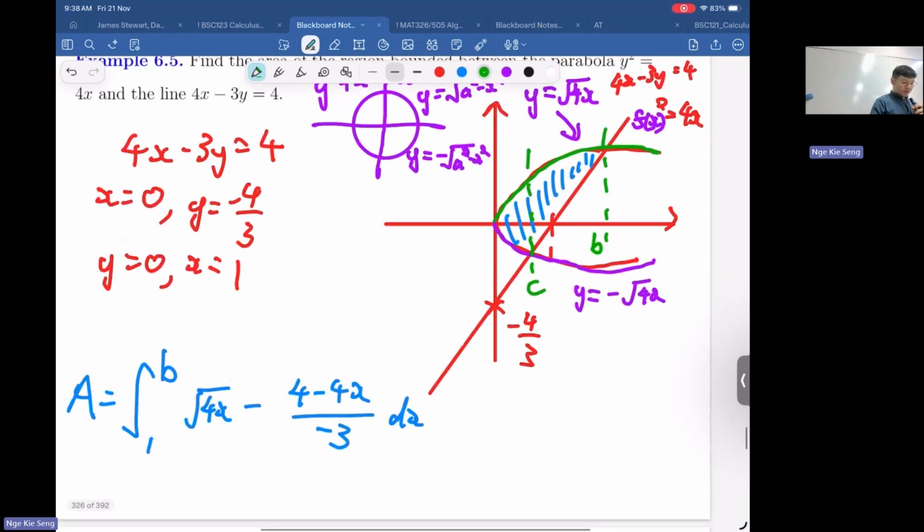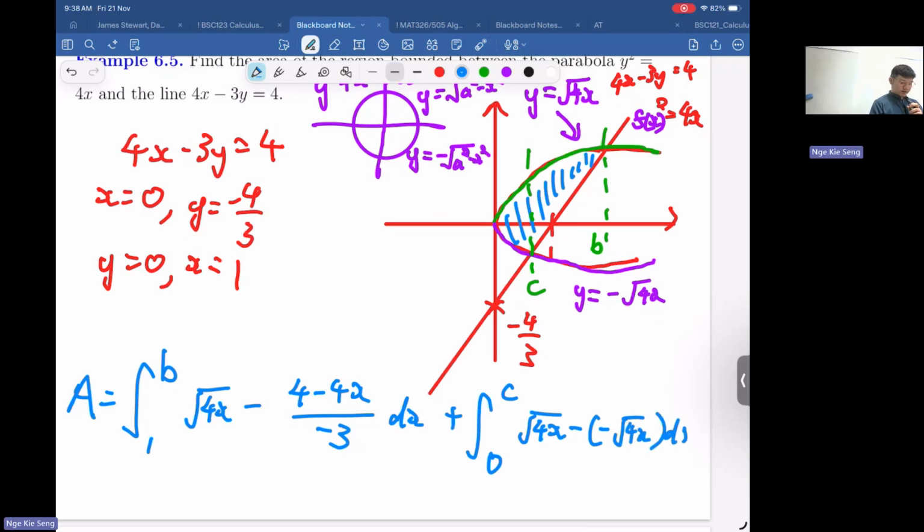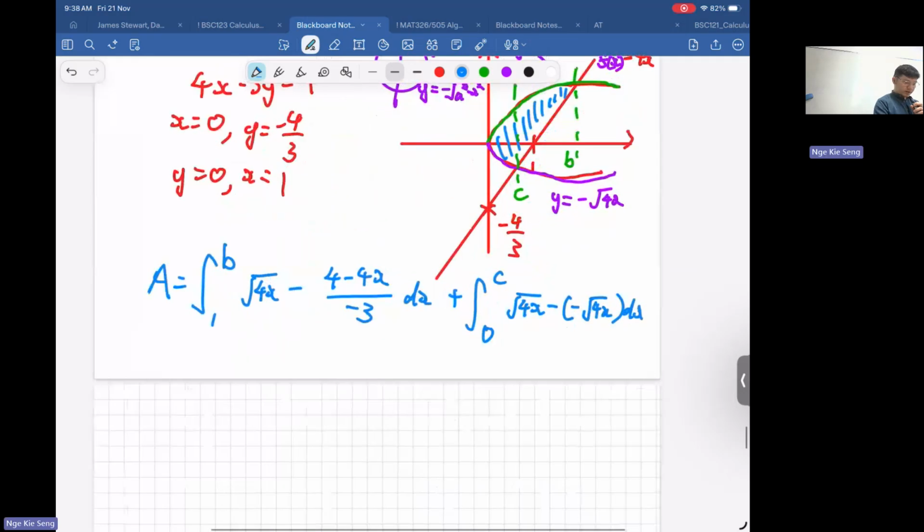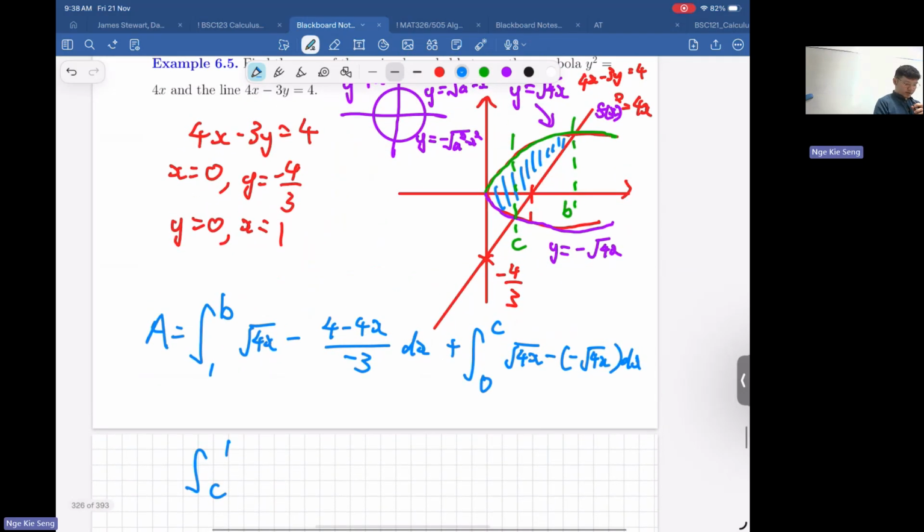Okay, so if you want to use the method we had just now, you should compute the integral from 0 to C of square root 4x minus square root 4x dx. And then the other one is the integral from C to 1 of square root 4x minus 4 minus 4x over minus 3 dx.